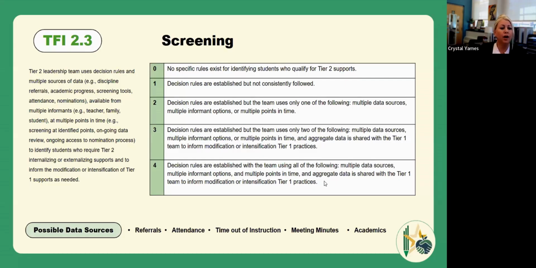Today we are going to be focusing on the Cougar Care Room and the data it brings with it. But please know within this screening process, it is important to look at multiple data sources such as attendance, referrals, time out of instruction, meeting minutes, academic, all of those data sources. And we do that as well at our MTSS teams.